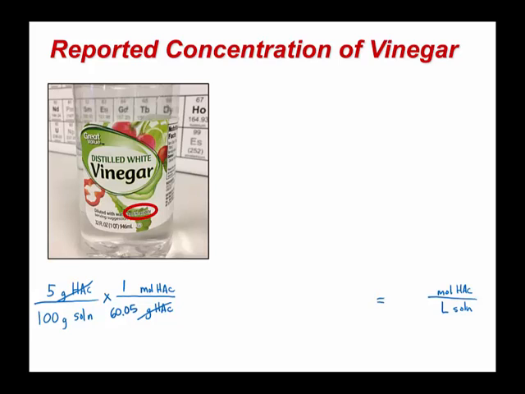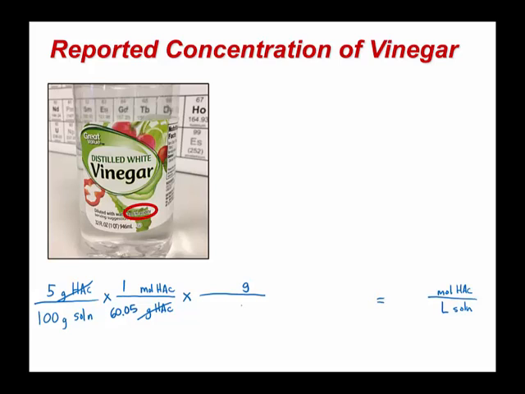All right, so we have moles of acetic acid on the top. That's what we needed. But on the bottom, we have grams for our units, and we need to convert those into liters. In order to convert grams into volume, we use the density of the solution.